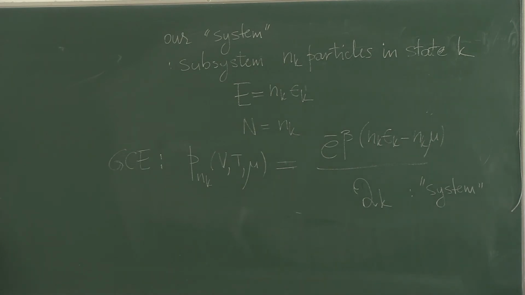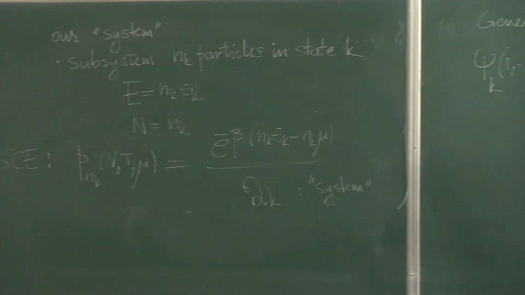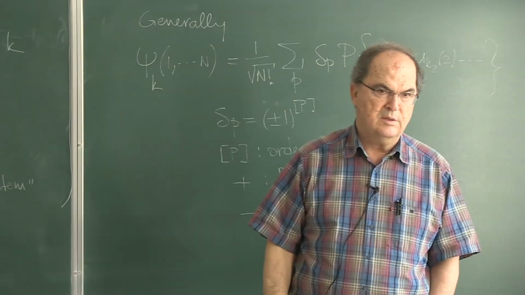Why am I doing this? Why am I choosing the grand canonical ensemble? Because in quantum systems, remember, the particles may be leaving or entering the state. You can excite them to higher lying states, or they can drop down to empty states.